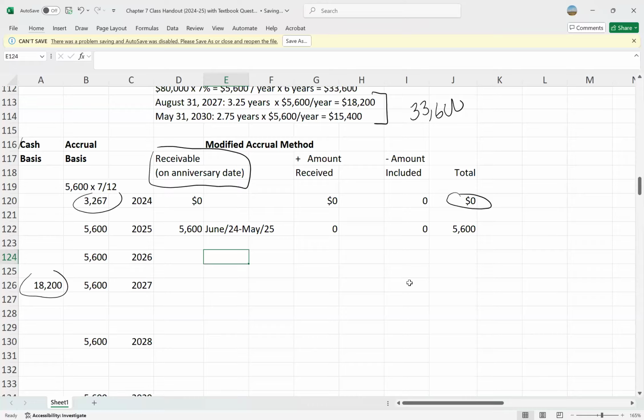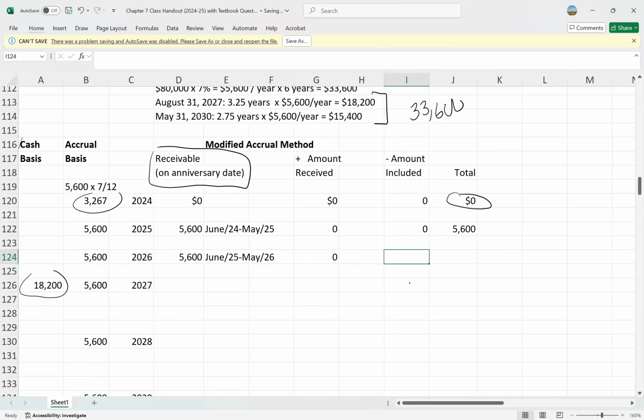Then we move to 2026. We look at the next anniversary date. So we will look at the next 12 months, June 2025 to May 2026. So the next anniversary date would be May 31st, 2026. How much is accrued from the last anniversary date? Well, another 12 months of interest, 5,600. Did we receive anything this year? Nope.